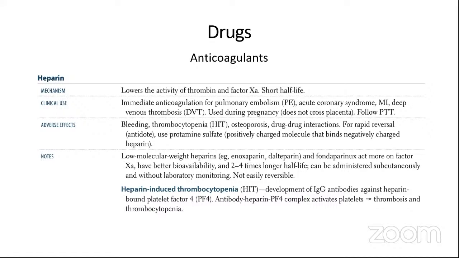Cost wise, heparin is cheaper as compared to LMWH, but LMWH is given subcutaneously, so sometimes it is also given if the patient is at home, while heparin is always given in the hospital because it is not given subcutaneously nowadays routinely. Whenever it is required, it is given IV, right, for the first 24 hours.